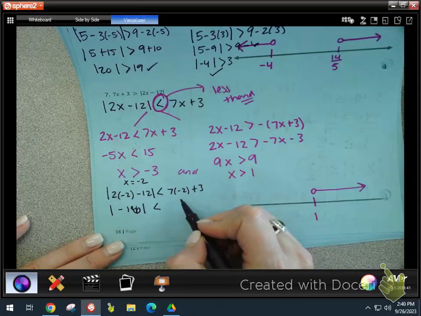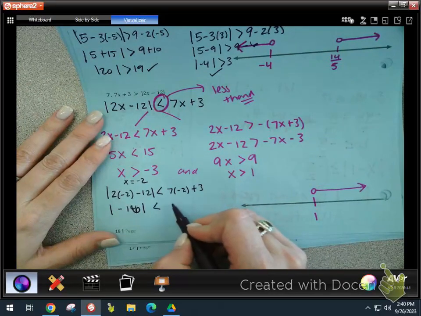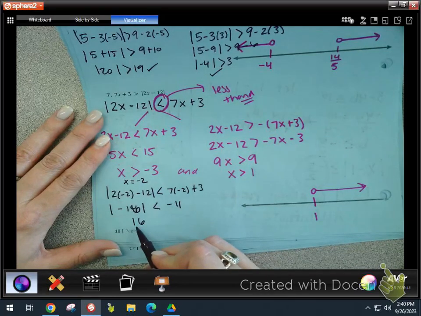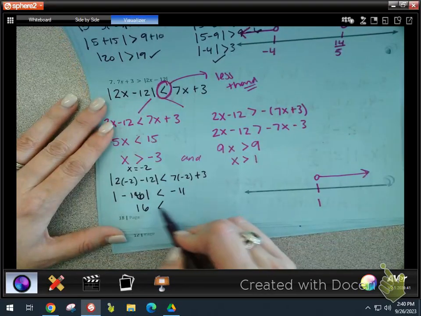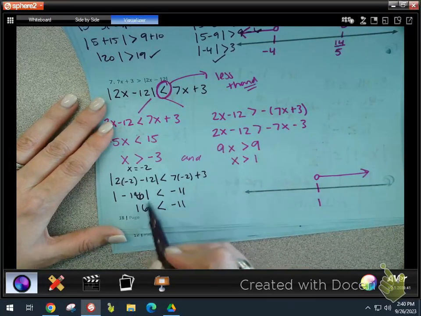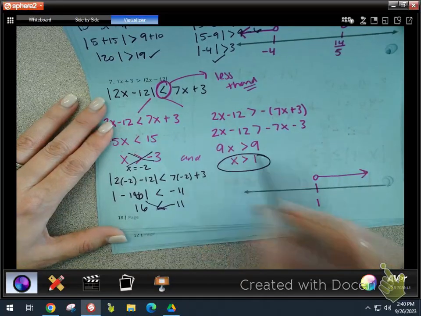Thank you. And then 7 times negative 2, that's negative 14. Negative 14 plus 3 is negative 11. So this says the absolute value of negative 16 is 16. This says 16 is less than negative 11. Is that true or false? That is incorrect. So this is an extraneous solution, and this is your only solution.